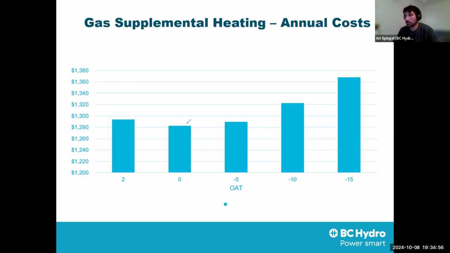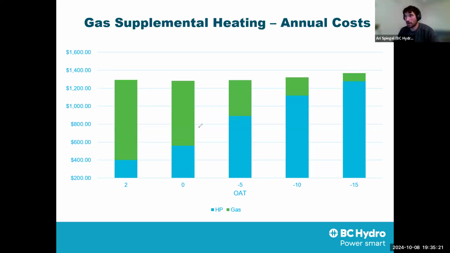I think between sizing a heat pump at 0 degrees or -15, the increased cost at -15 is like 6-7% more than at 0 degrees. So it's not a big range in terms of added operating costs for using a heat pump over a gas backup system.